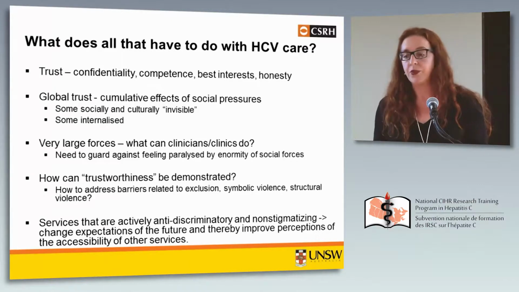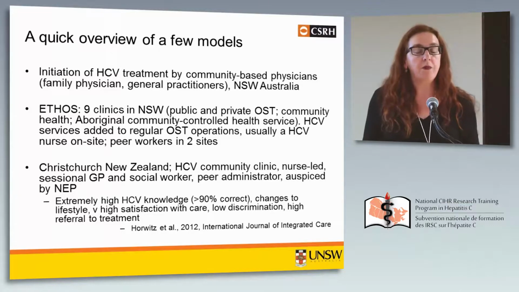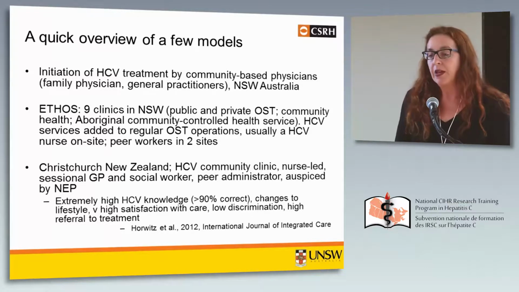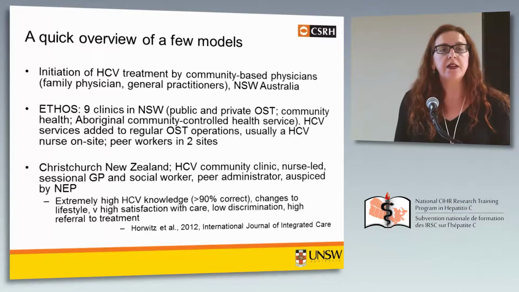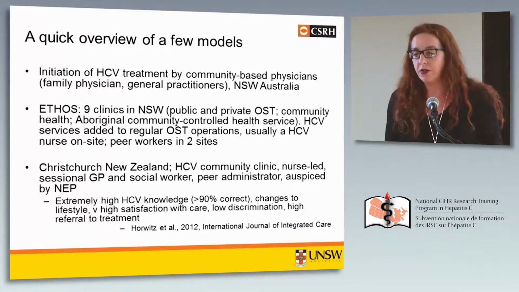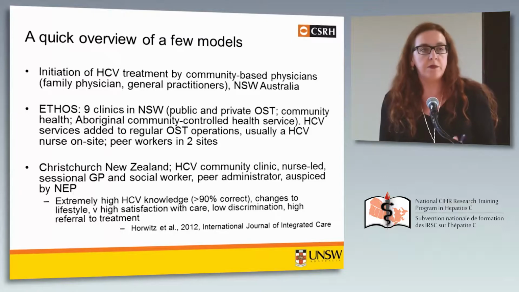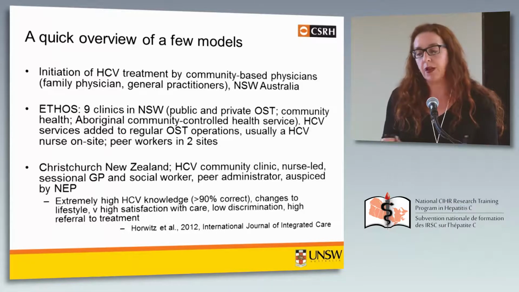So let's move forward. I'm going to talk briefly about 3 models that I'm aware of because we've done evaluation work on them. The first ran in New South Wales, where general practitioners were trained firstly to do shared care with specialists and then later to do initiation of Hep C care in the community setting. The second is Ethos, which is 9 clinics usually running methadone or other opiate substitution treatments, that had Hep C care included with them, and those 9 clinics were a pretty broad range of community-based organisations.